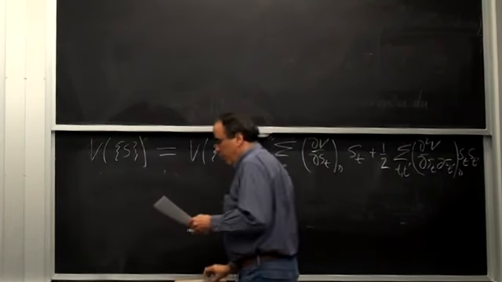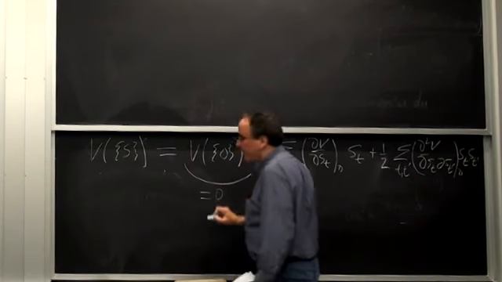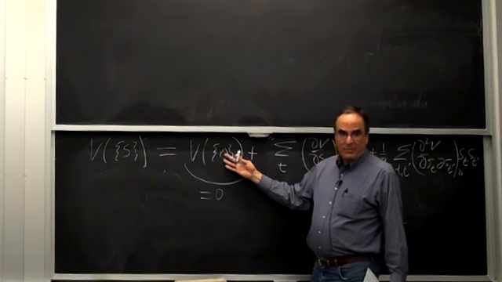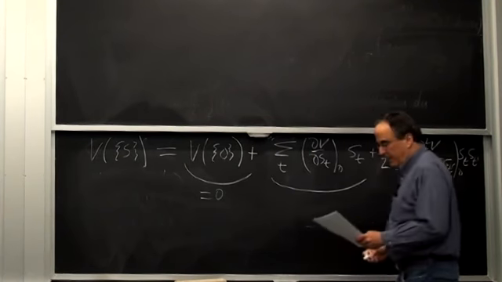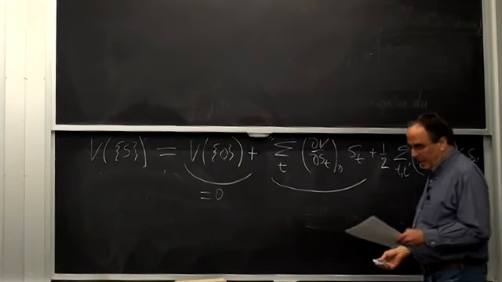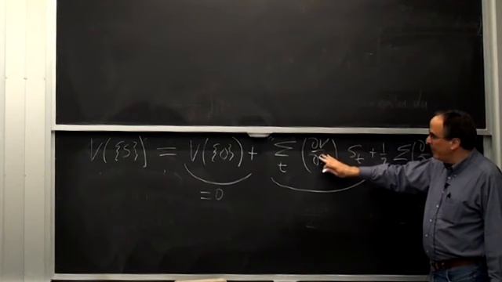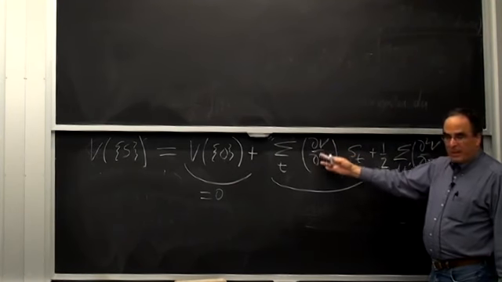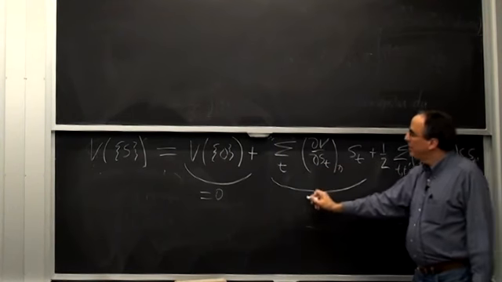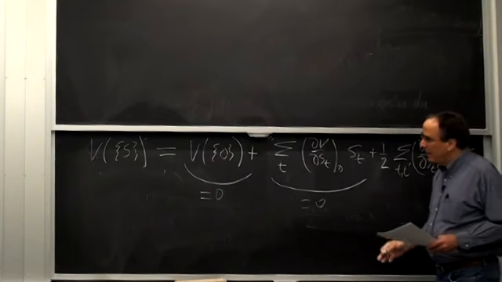Now, we just choose our zero of energy, and that's 0. That goes away. We want to define the minimum of the potential, and at the minimum, the first partial derivatives are all 0, and so this is gone for all t.